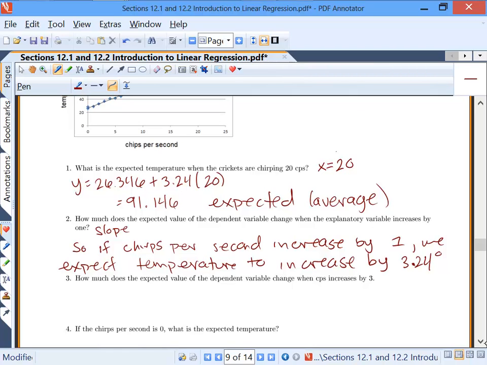If we plug 3 in for x, that just tells us the temperature when trips is 3 trips per second. But we want to know how much the temperature goes up when we increase trips by 3. So no matter where you are on the line, how much do you increase in temperature if you go over 3 trips?